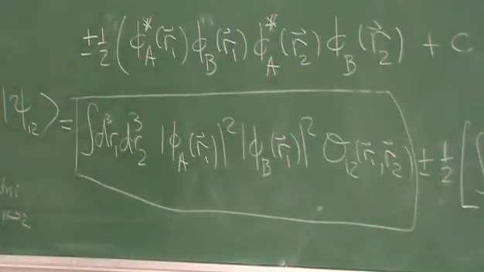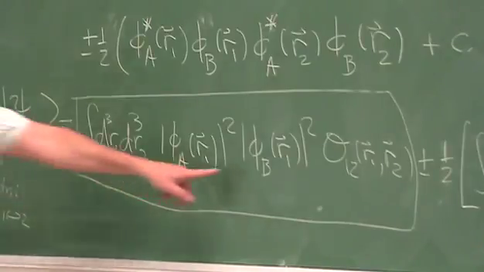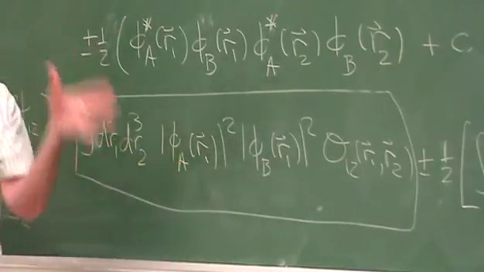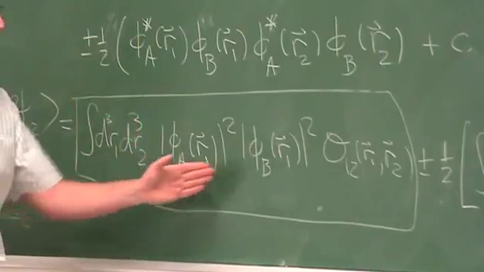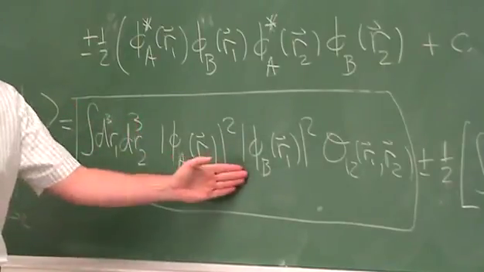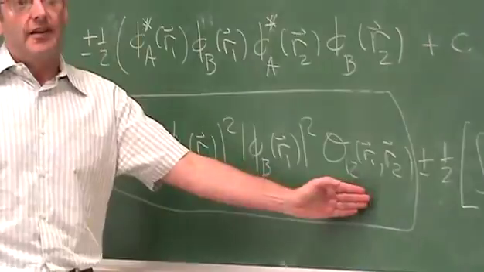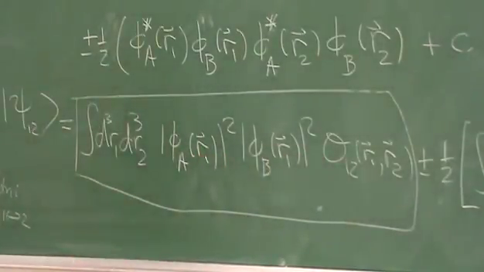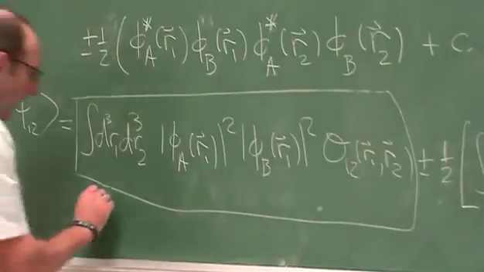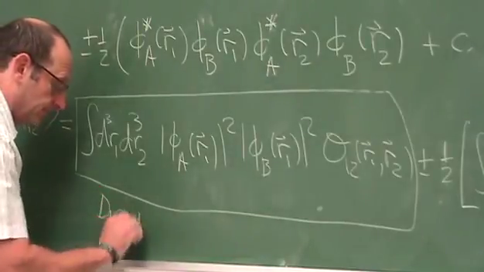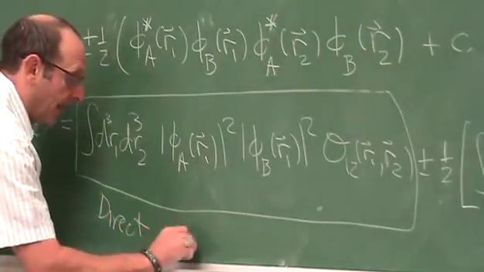And there's some electron cloud associated with orbital B, and this is the probability or charge density associated with that. And we would just integrate over those charge densities times whatever the interaction energy is between the two particles. This is what's called the direct term in the interaction.